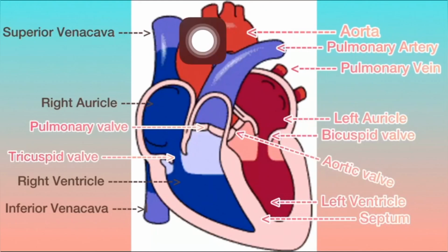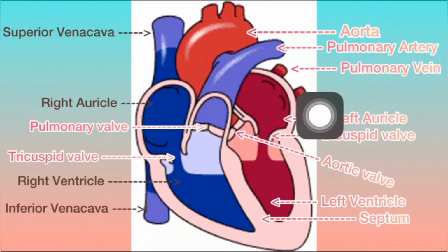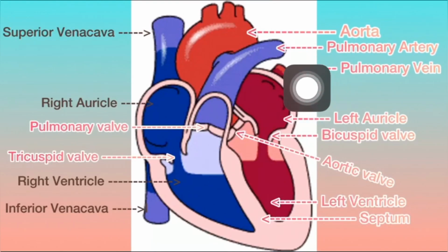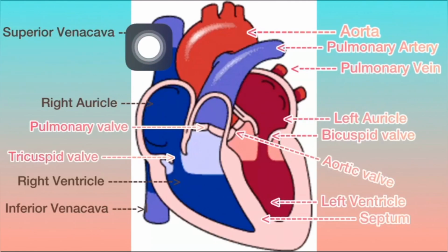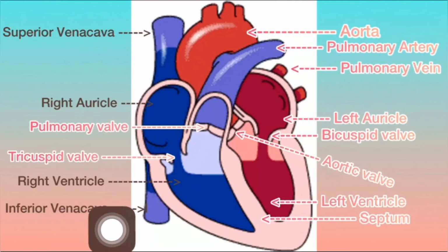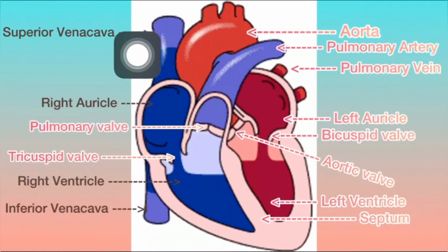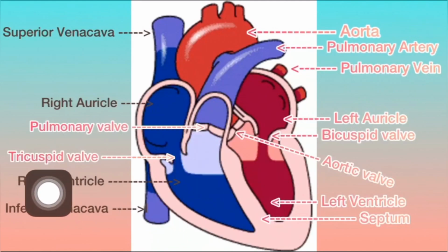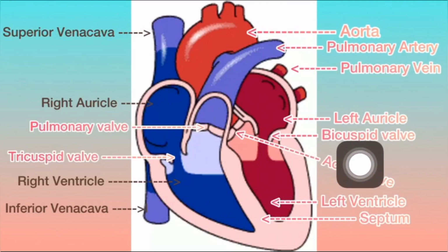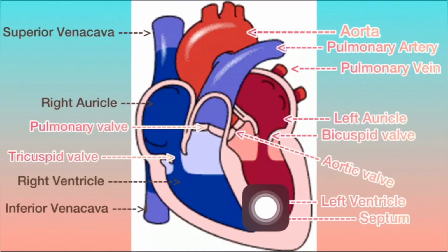This larger artery is called the aorta, and these small red vessels are the pulmonary veins. You can also see the superior vena cava and inferior vena cava. So this is all about the structure of the heart. It has four major chambers and many valves, such as the pulmonary valve, tricuspid valve, bicuspid or mitral valve, and aortic valve.